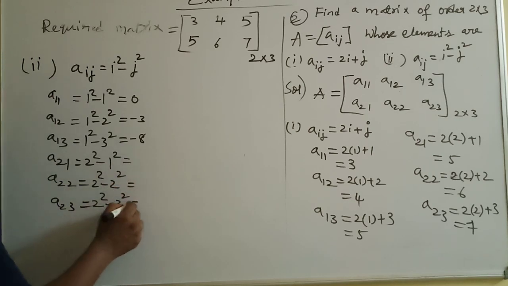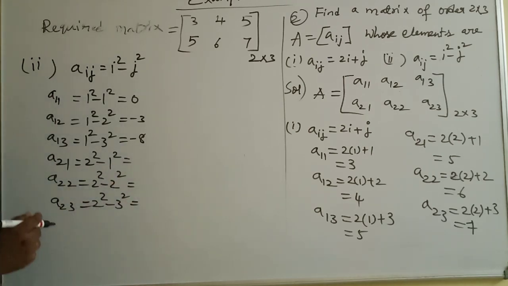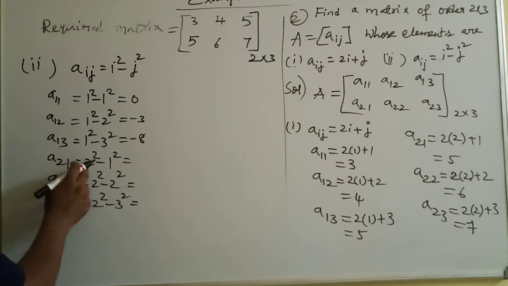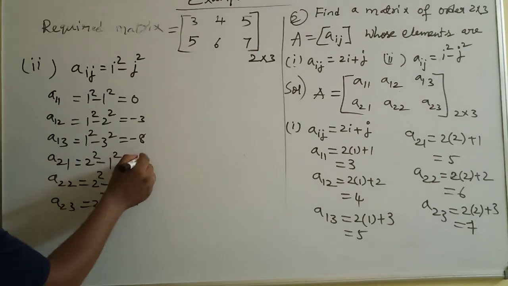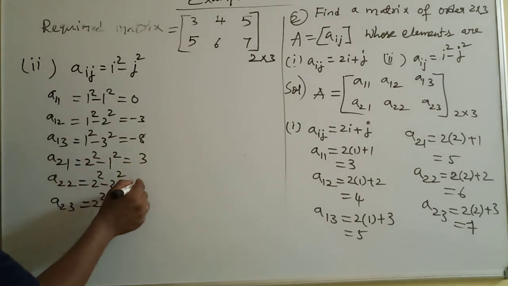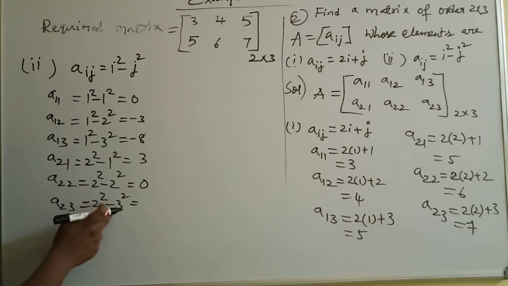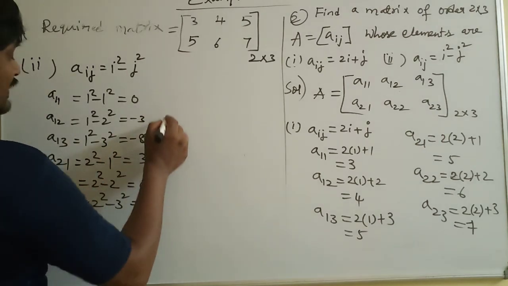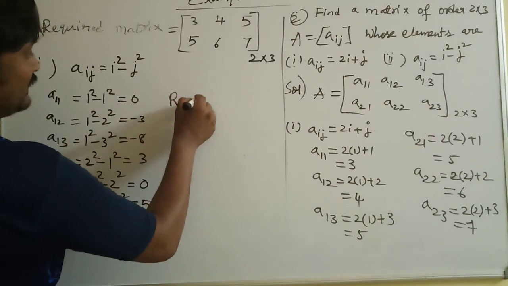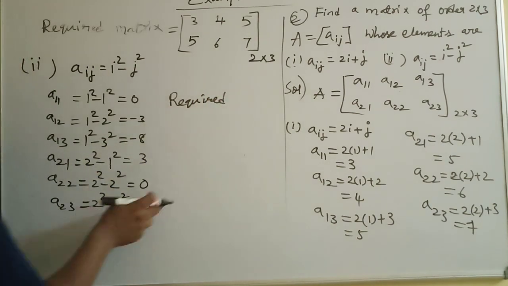So what you are going to get is this. Now again the same method here also. 2 square is 4, 4 minus 1, 3 you will get. 2 square minus 2 square is 0. 4 minus 9 is nothing but minus 5. So now just write here your required matrix. I'll write here, you write that down.